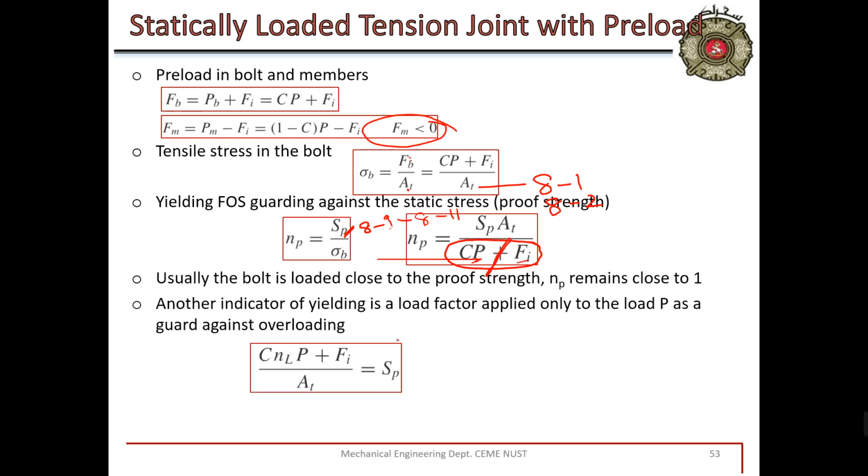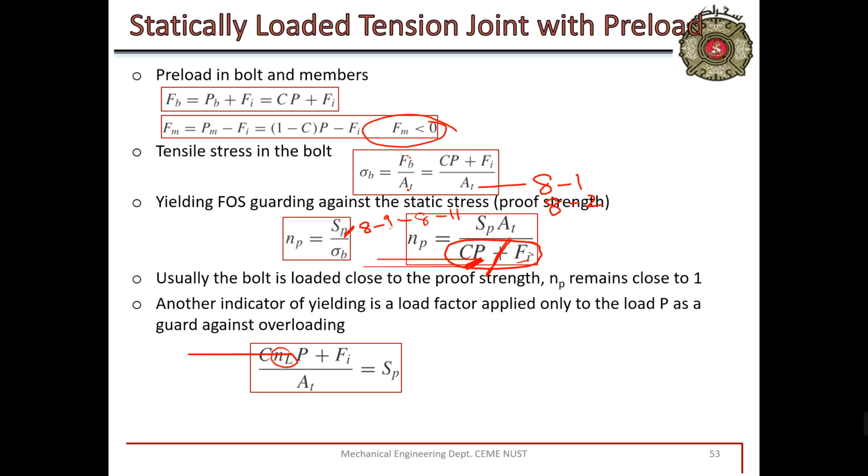In other words, there is another parameter, this factor of safety, multiplied only with this first term. Because it is fixed, this factor of safety is not applied to this. What is the difference between these two parameters? This is the factor of safety against static state.